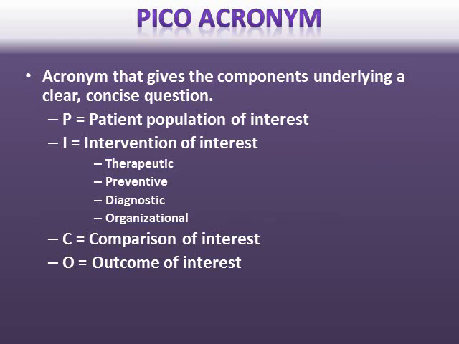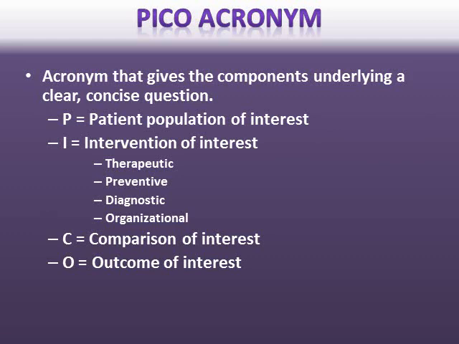So it could be hand washing, for example. Or it could be something diagnostic. So is a new technology better at, say, detecting early stage colorectal cancer? It could also be organizational. So you might be looking for better strategies for recording health information so that the whole process becomes more efficient.